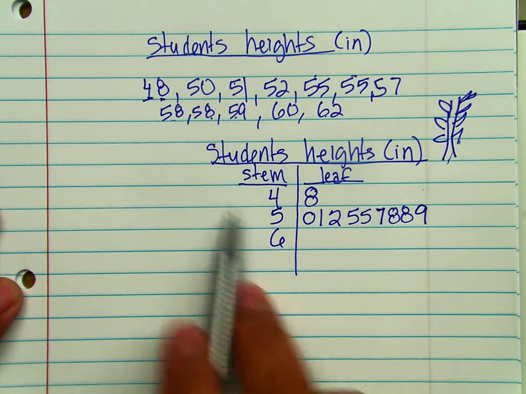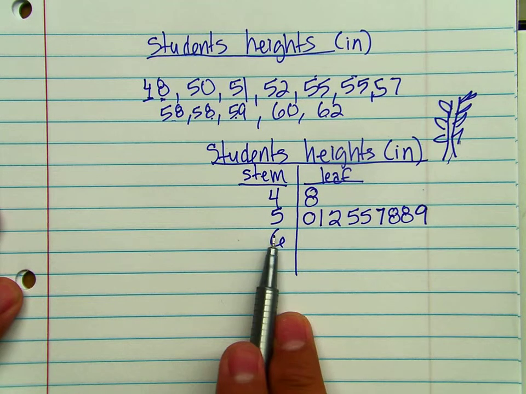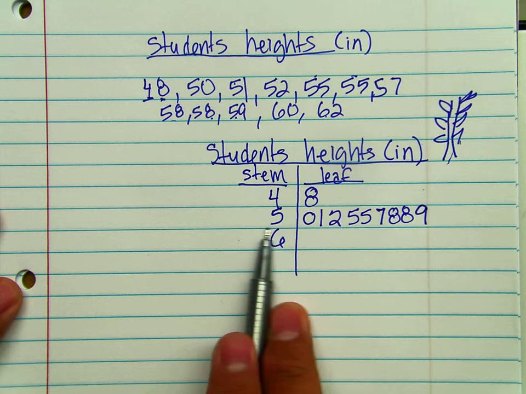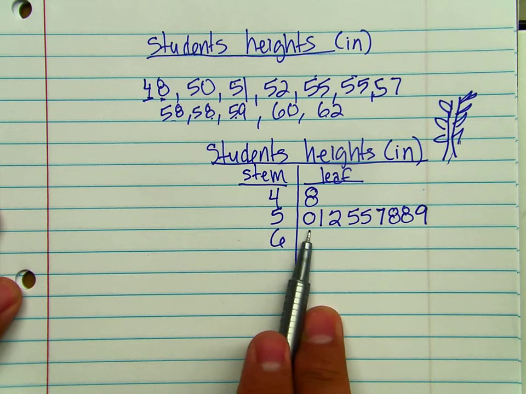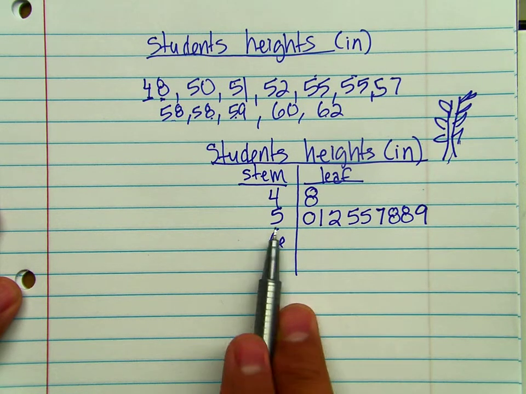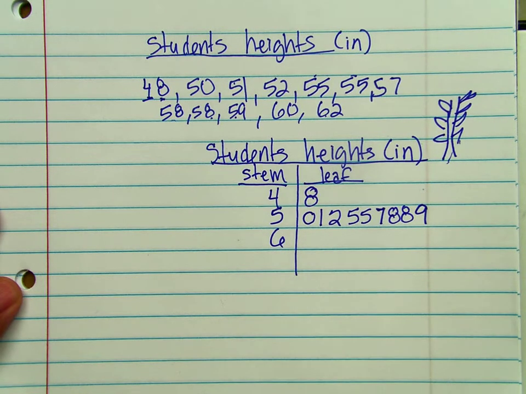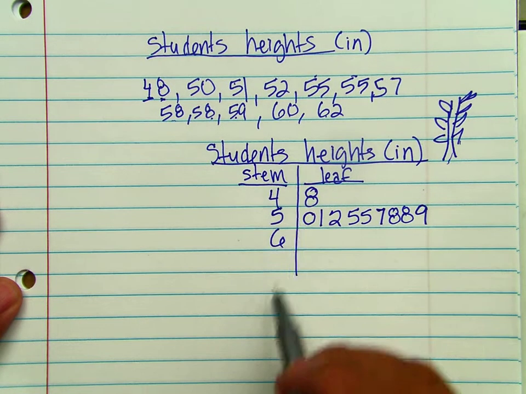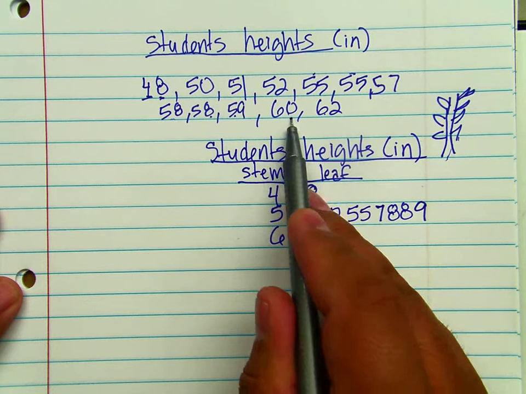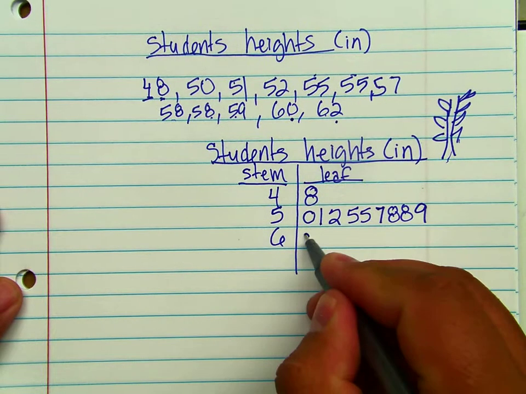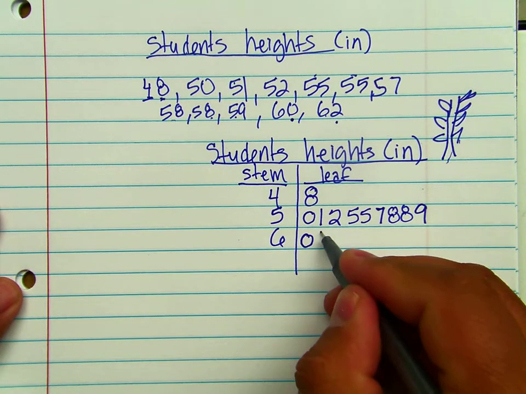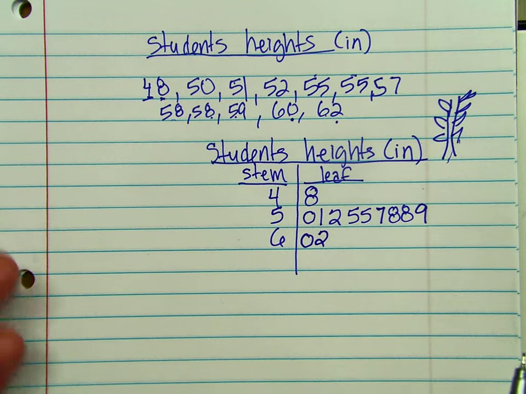So the 5 represents the tens place, and since there are so many of them, we just kept it here. This is going to represent all of the 5s in the tens place. So 50, 51, 52, 55, 55, 57, 58, 58, 59. You get the idea. So for the 6, in the tens place, we have a 0 in the ones and a 2 here. So we're going to put 0 to represent 60, and then the 2 represents 62.